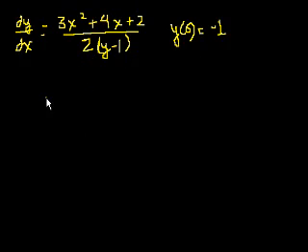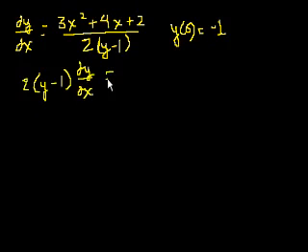So let's first separate this equation. Let's multiply both sides by 2 times y minus 1, and you get 2 times y minus 1 times dy dx is equal to 3x squared plus 4x plus 2. Multiply both sides times dx. This is really just an exercise in algebra.